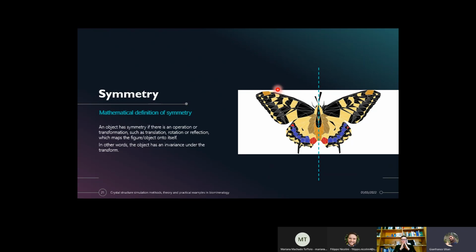An object has symmetry if there is an operation or transformation, such as translation, rotation, or reflection, which maps the figure or object onto itself. For example, if you take this butterfly, we can draw a plane that crosses the butterfly in the middle, and you can see that this object is symmetric by a mirror. This half is mirrored on the other side of the mirror plane.